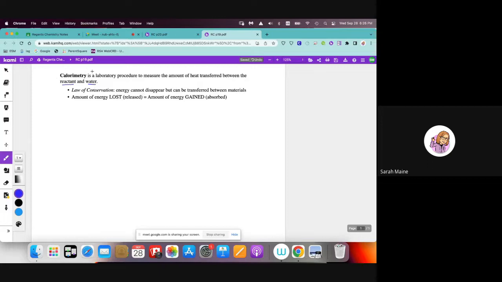This lab procedure collects the data that can fit into the Q equals MC delta T equation, and it also applies the idea of the law of conservation of energy. Energy can't disappear from the universe, but it can be forced to transfer between two materials in contact.